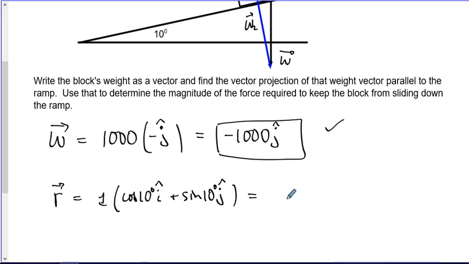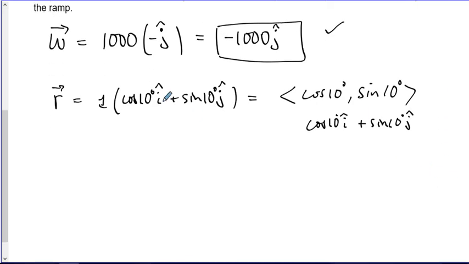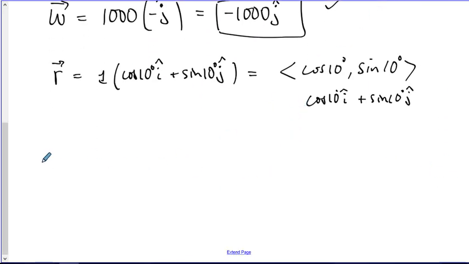So this is cosine 10 degrees and sine 10 degrees, either with brackets or with the i and j, but that's the ramp vector, and the magnitude is 1, right? So we don't have to write it.